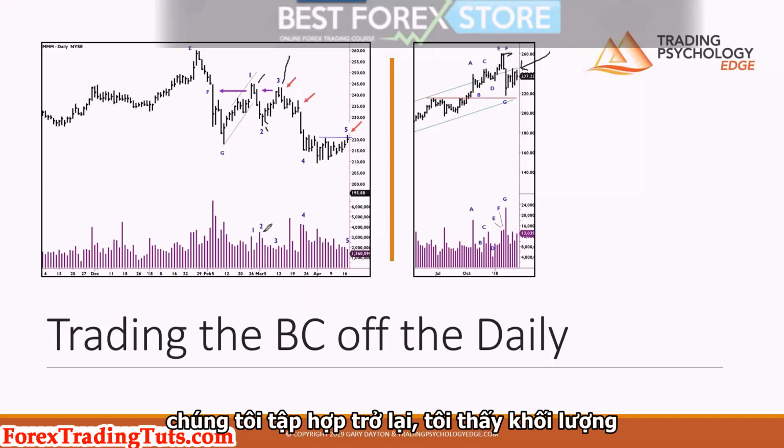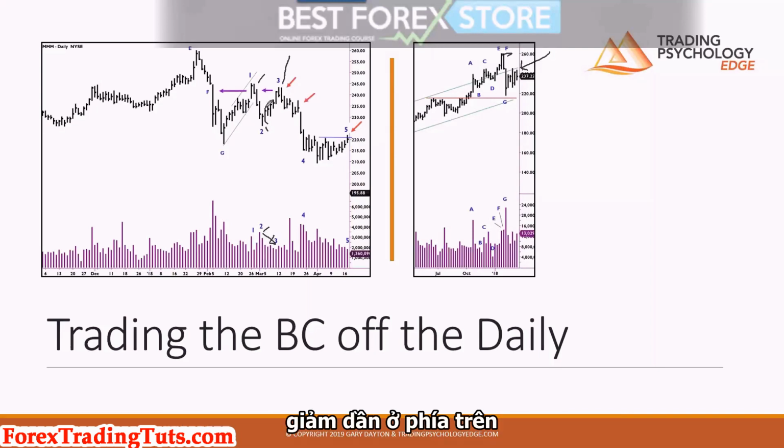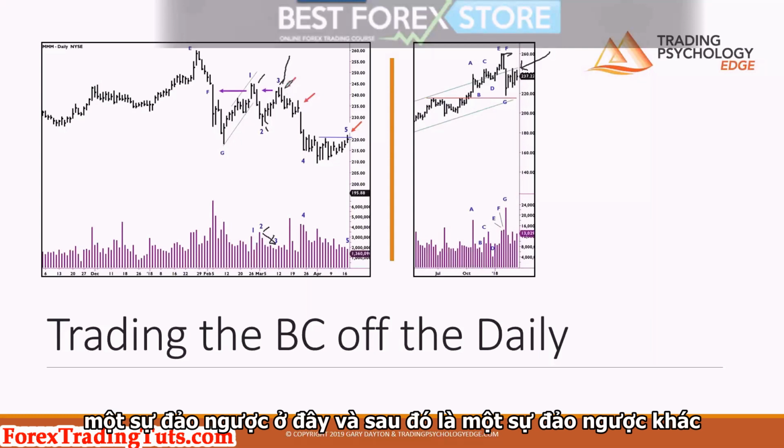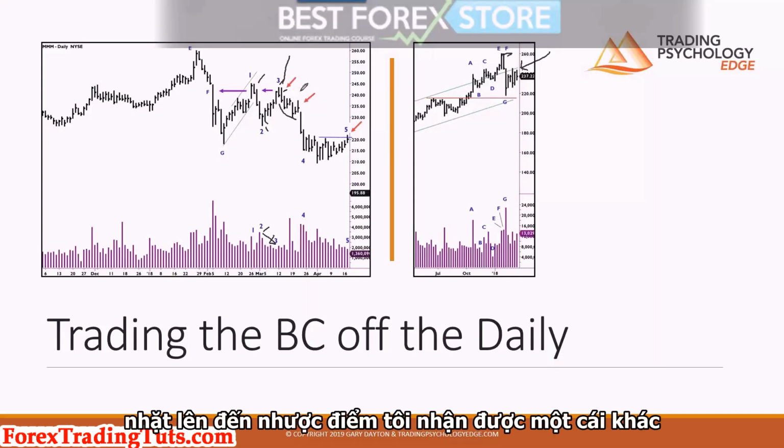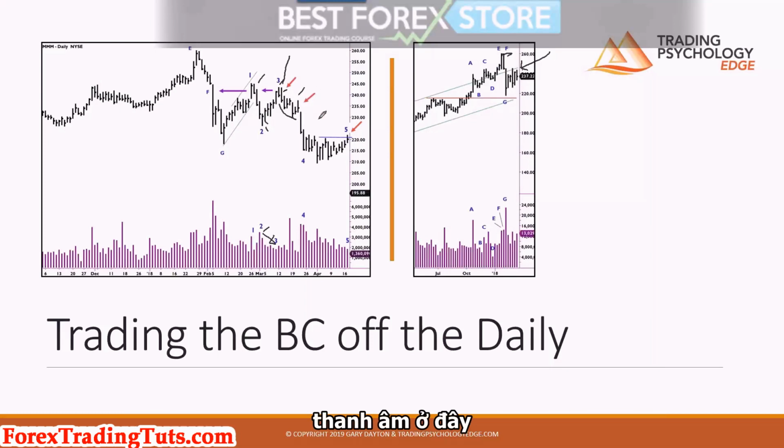We rally back up. I see volume diminishing on the upside. We get a reversal up here, and then another negative bar in here. And there's your trade right there, selling, and it's coming right into the selling. We come down a little bit, volume picks up to the downside. I get another negative bar here.